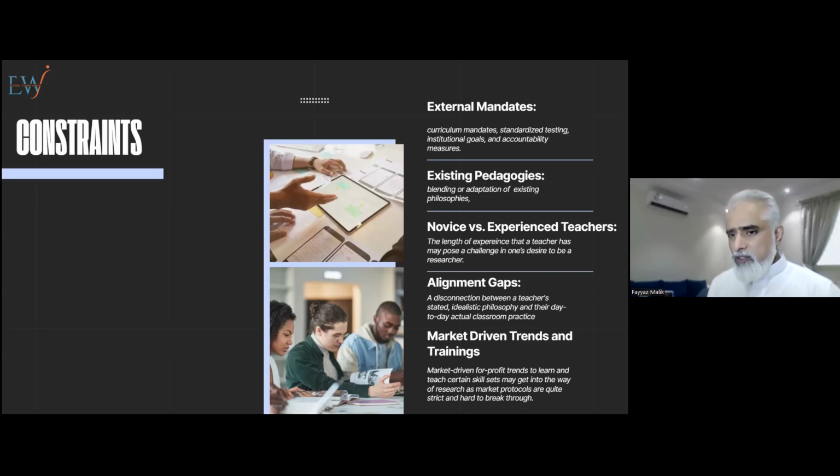Novice and experienced teachers. On both ends, a new teacher who is at the entry level of this career, and an experienced veteran teacher who has spent a lot of time, both can be at odds with the concept of research. For example, the novice teacher may think, oh, I need to first master other things: material development, classroom management, grading, testing, designing a valid test.